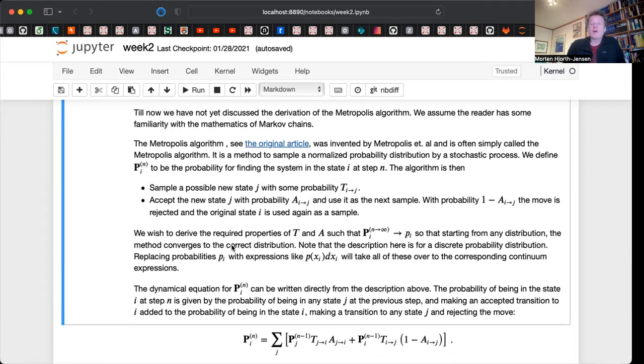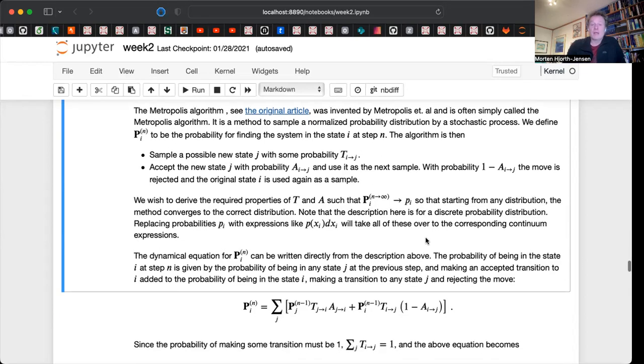And then we are going to use the theory of Markov chains, which simply says that the properties of this T and A are such that when the number of iterations or the number of moves goes to infinity, this probability becomes independent of time. And so what we have reached then is the final equilibrium position for the system.